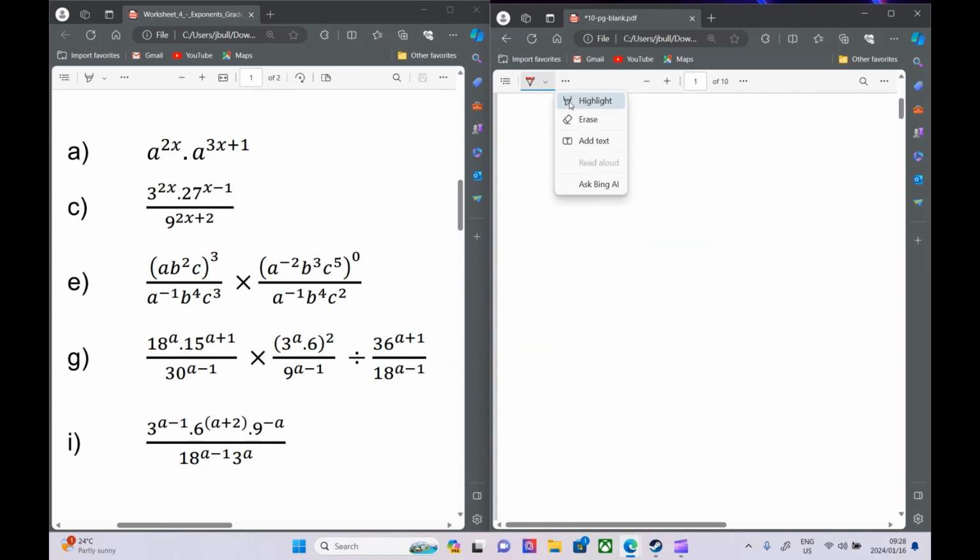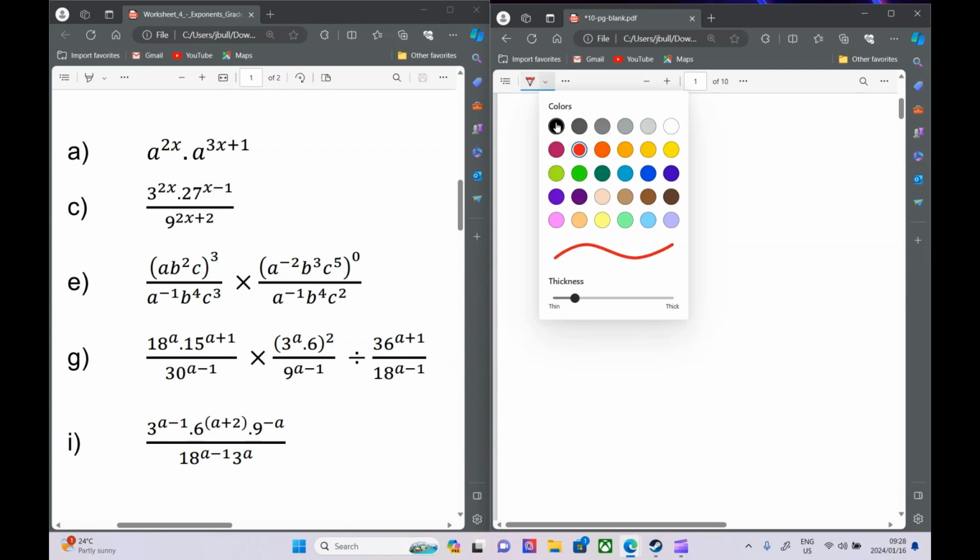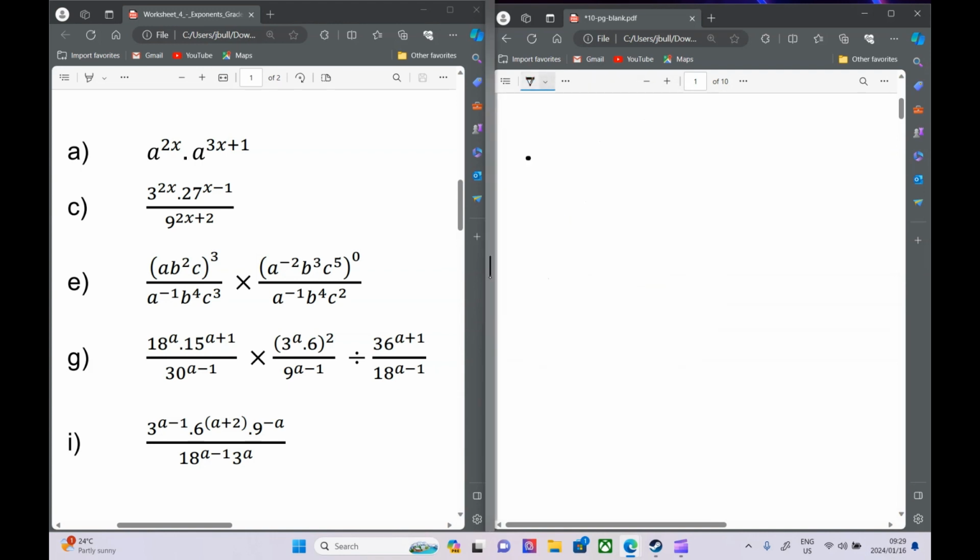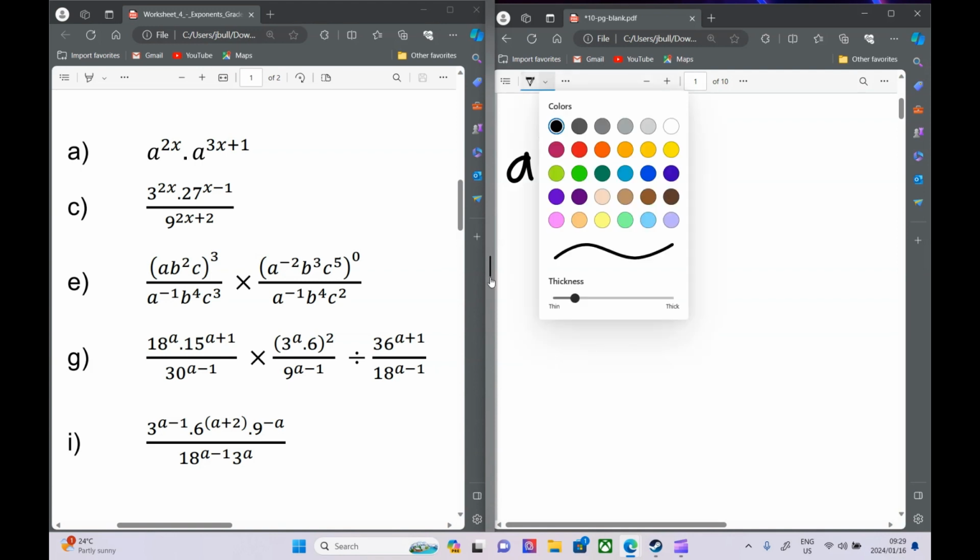Hopefully you've seen this before. We are going to do these questions on the left here. So first of all, we have a to the 2x times a to the 3x plus 1. The question here is simplify these expressions and make sure that we leave the answer with positive exponents. To simplify these, we do need our index laws.